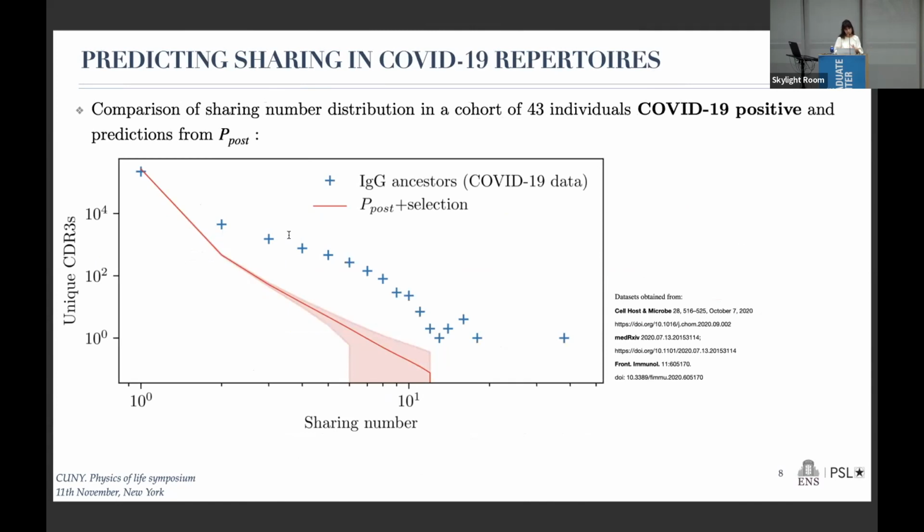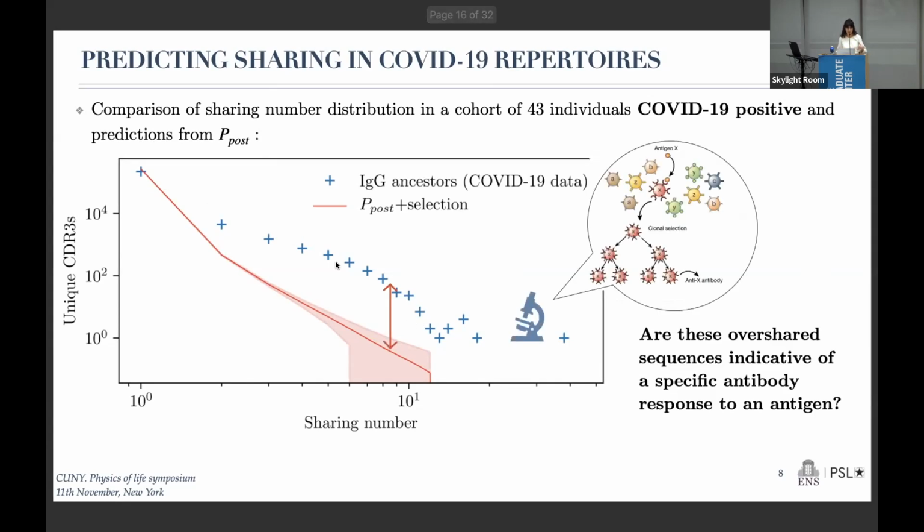So we took 44 people that were positive for COVID-19 at the moment of being sequenced, and we computed the sharing number distribution here, and then we use our theoretical estimation as a benchmark that should overlap. But as we see, when these people have a common condition, there are many more amino acid sequences shared than what is expected.